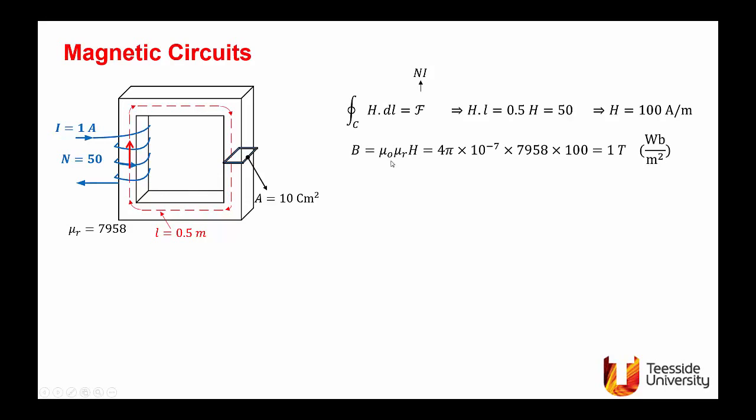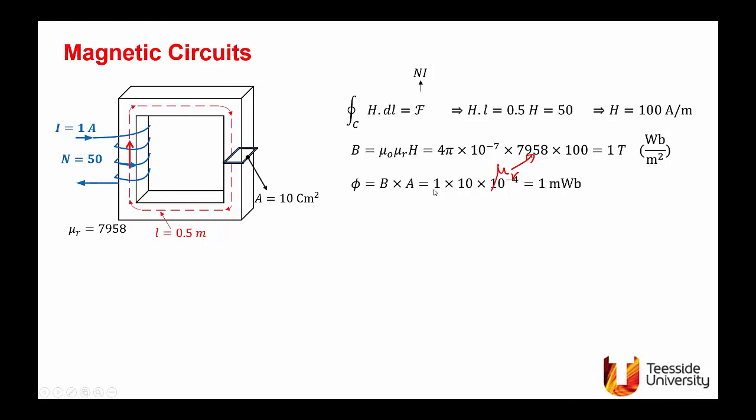From that, B is mu_naught mu_r H, and here is my mu_r. This will give you a nice figure, 1 Tesla. Tesla is the unit of flux density, or weber per meter squared. Weber is the unit of flux, meter squared is the unit of the area. From that, the flux phi is the flux density multiplied by the area perpendicular to that flux.